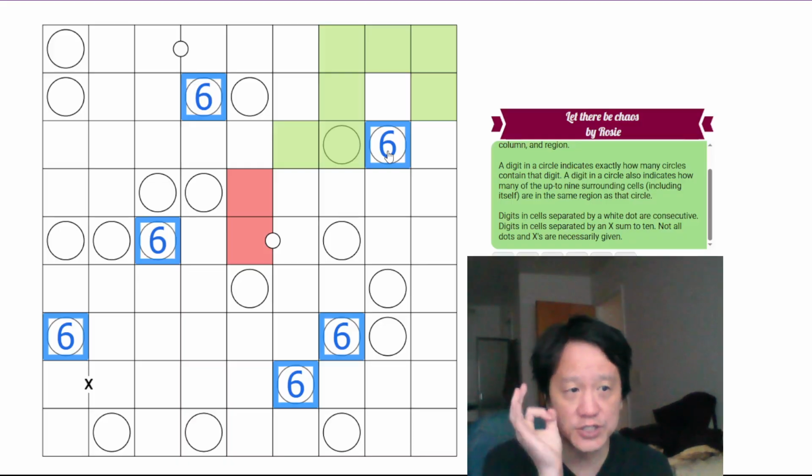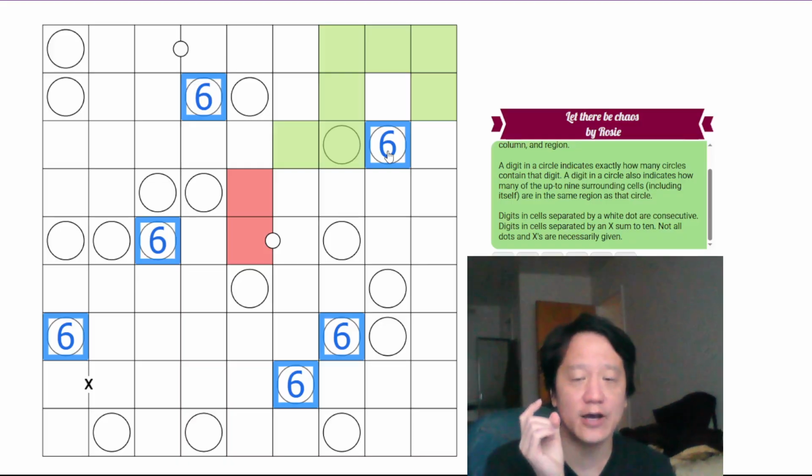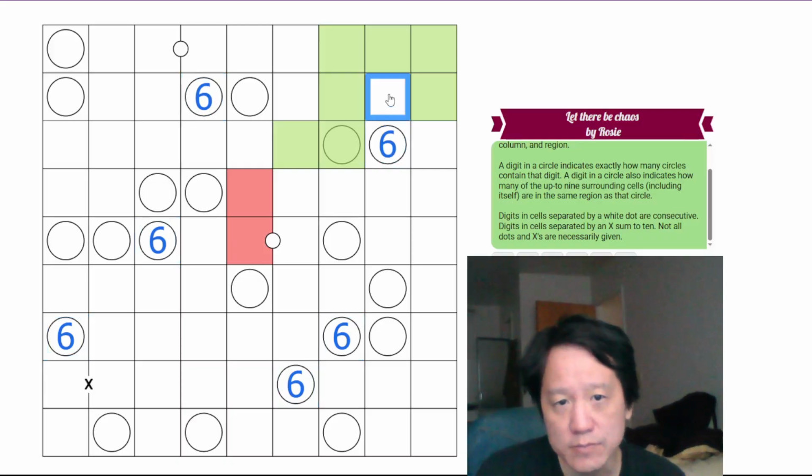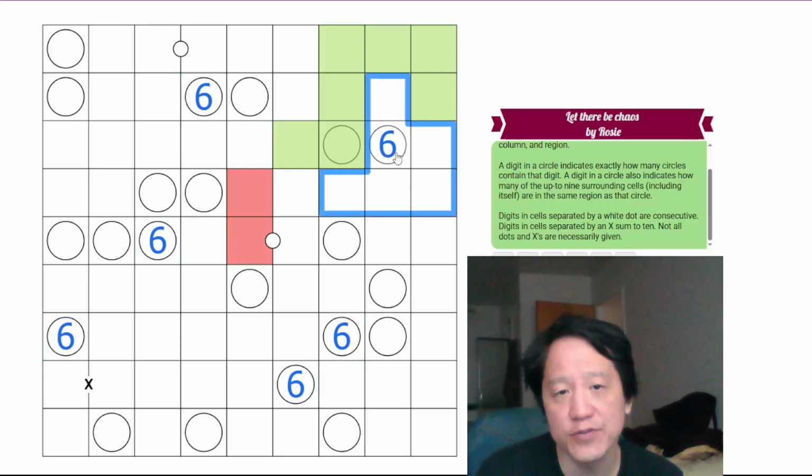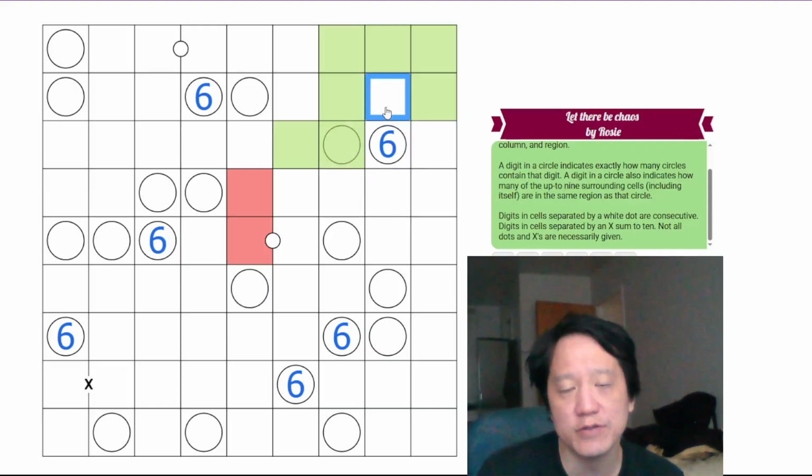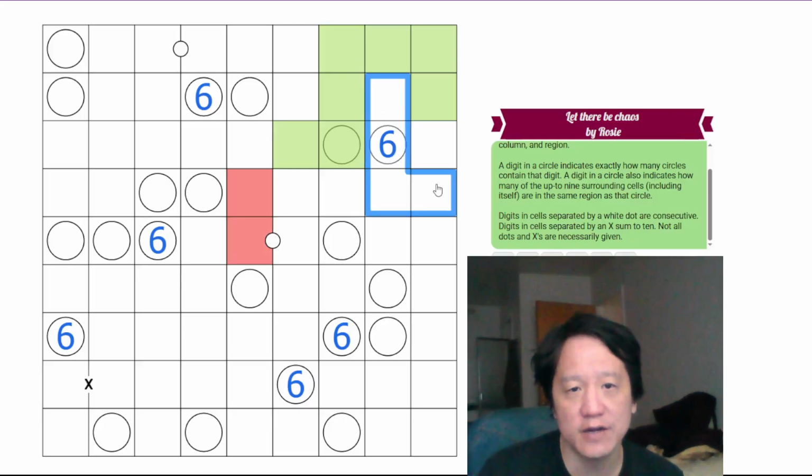So for a digit that is in a circle, that's how many circles contain that digit. Also, this would say that of the 3x3 box that they are in, the region that this circle occupies must have 6 cells, including itself, be part of the same region.